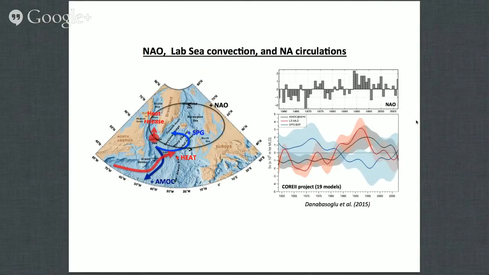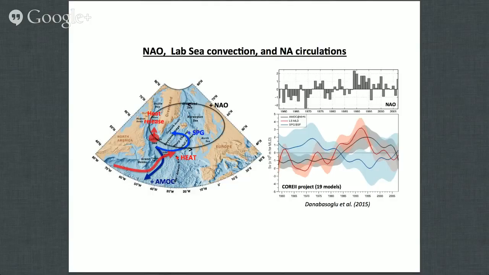So this diagram simplifies this relationship between the NAO and the other oceanic processes. When you have a positive NAO, there's a stronger westerly over the Lab Sea, which brings cold air from the Arctic. So there's a greater heat release in the Lab Sea, so there will be deep convection.